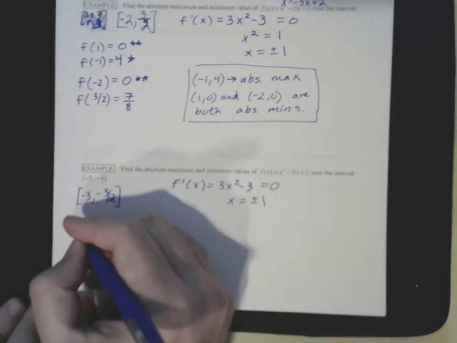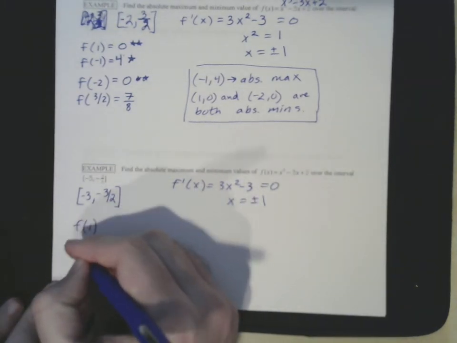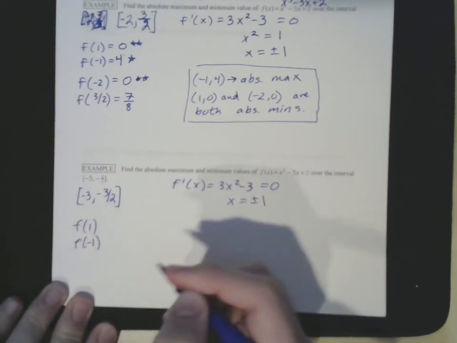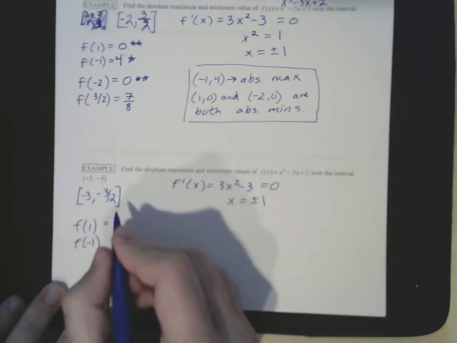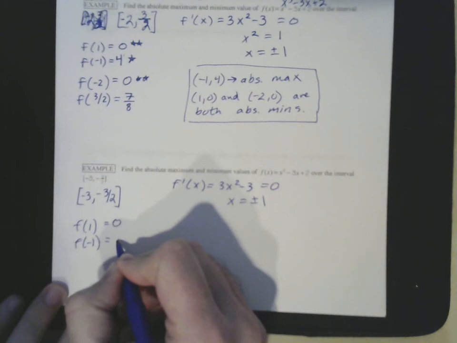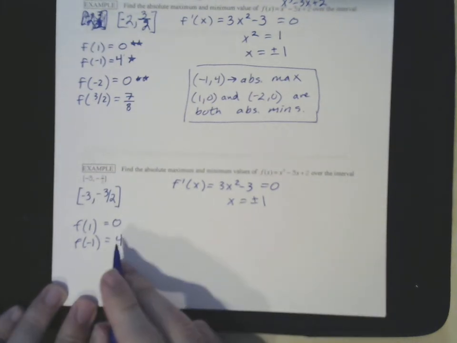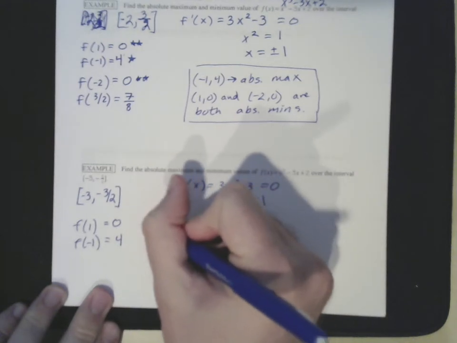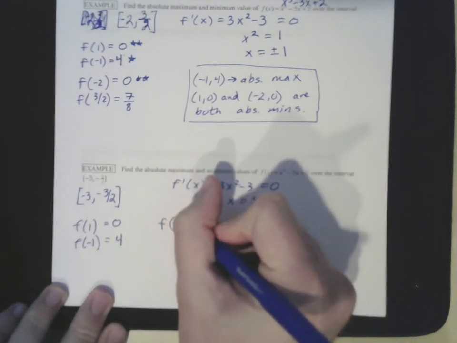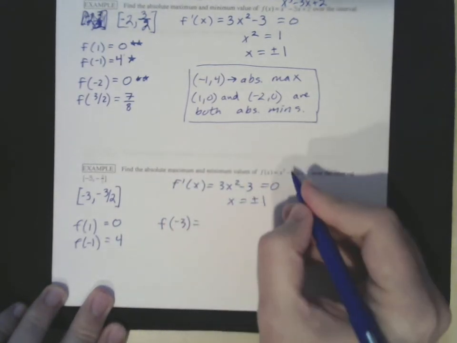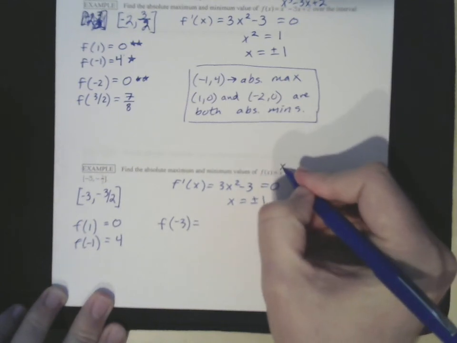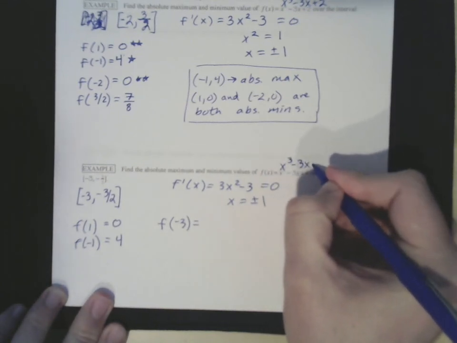So we're still going to have f of 1 and f of -1. F of 1 is still 0, f of -1 is still 4. So now all we need to do is check the new values. F of -3: again, we're plugging this into the original, which is still x cubed minus 3x plus 2.